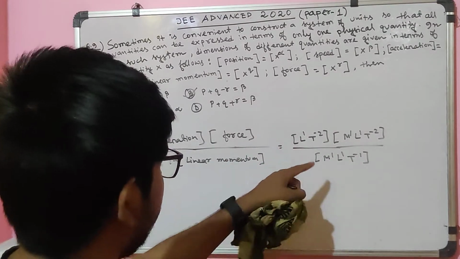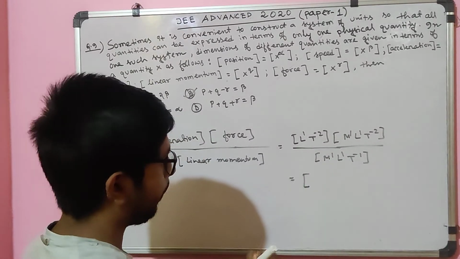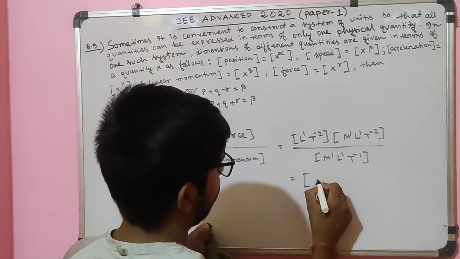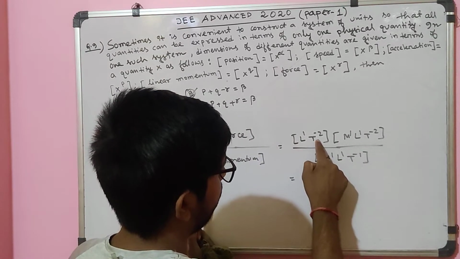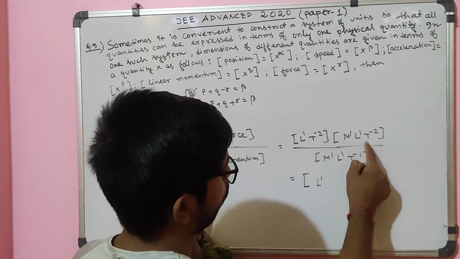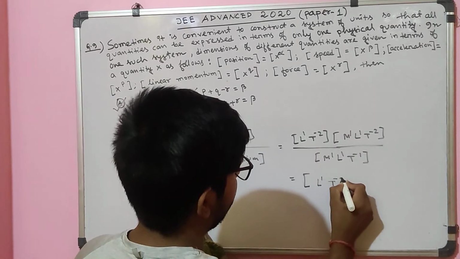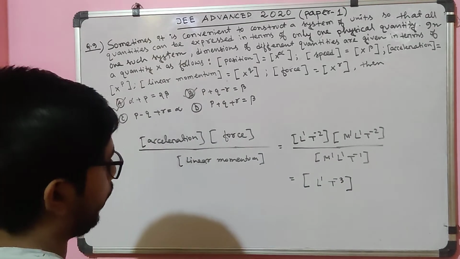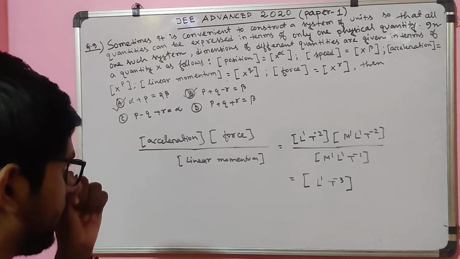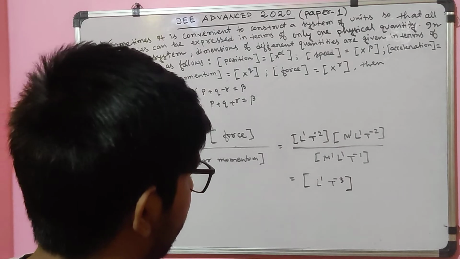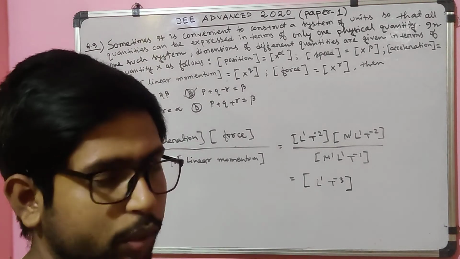Now M1 with M1 cancels, there is only L1 left, and for t, minus 2 minus 2 plus 1 gives t minus 3. So this is L1 t minus 3. I don't know any physical quantity which is length per time cube.